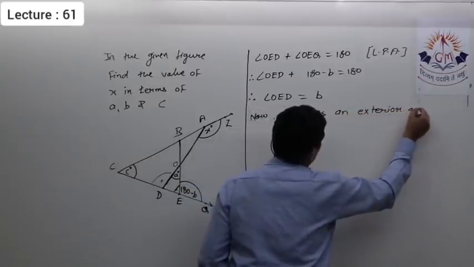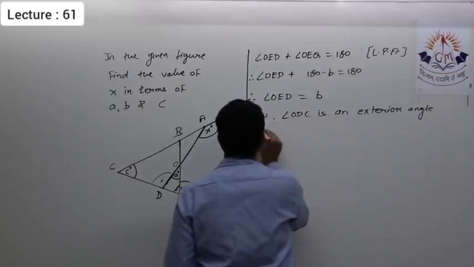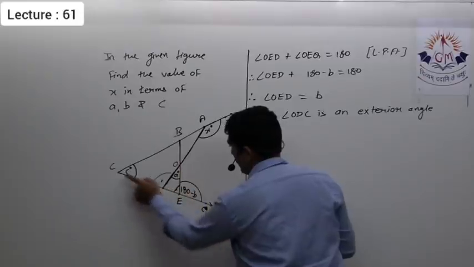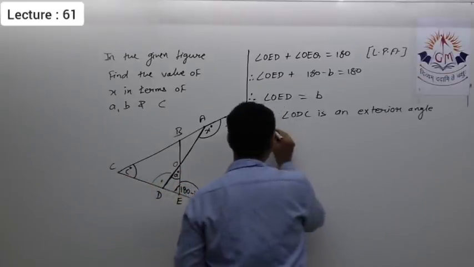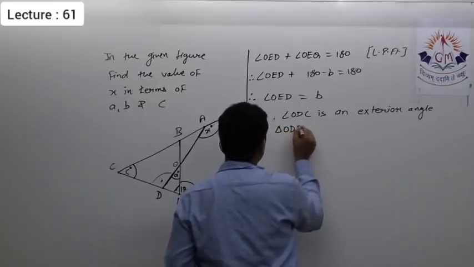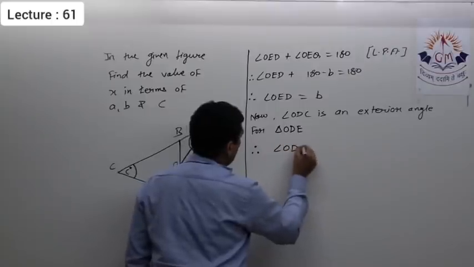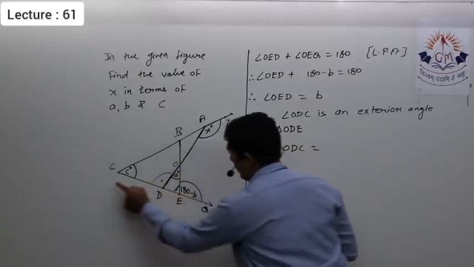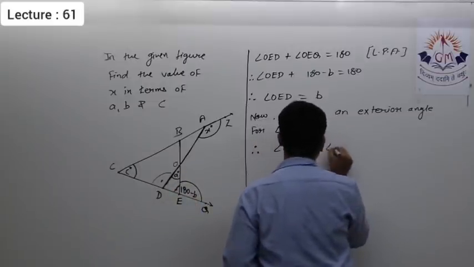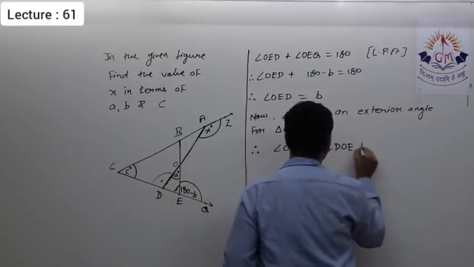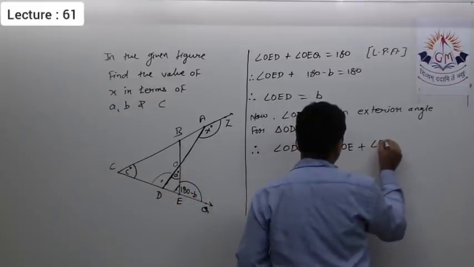Therefore I can say angle ODC is equal to angle DOE plus angle OED.